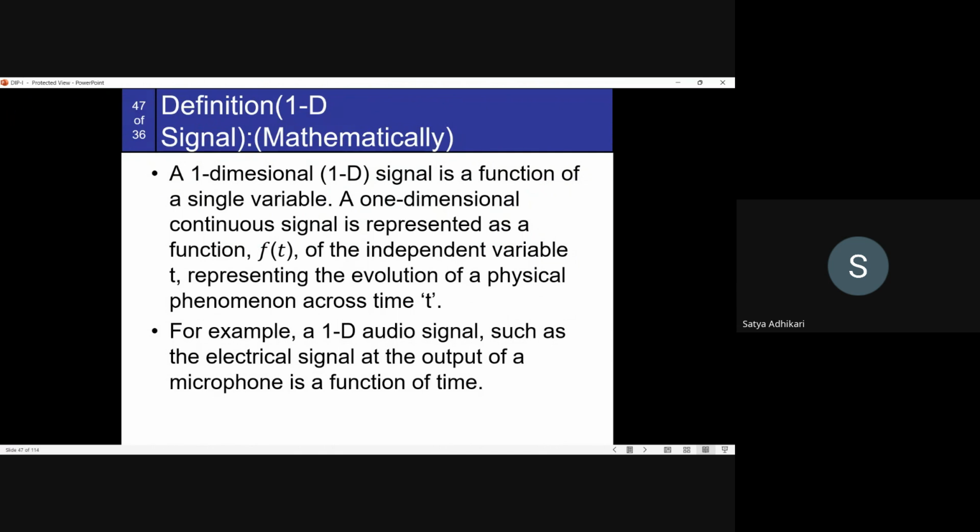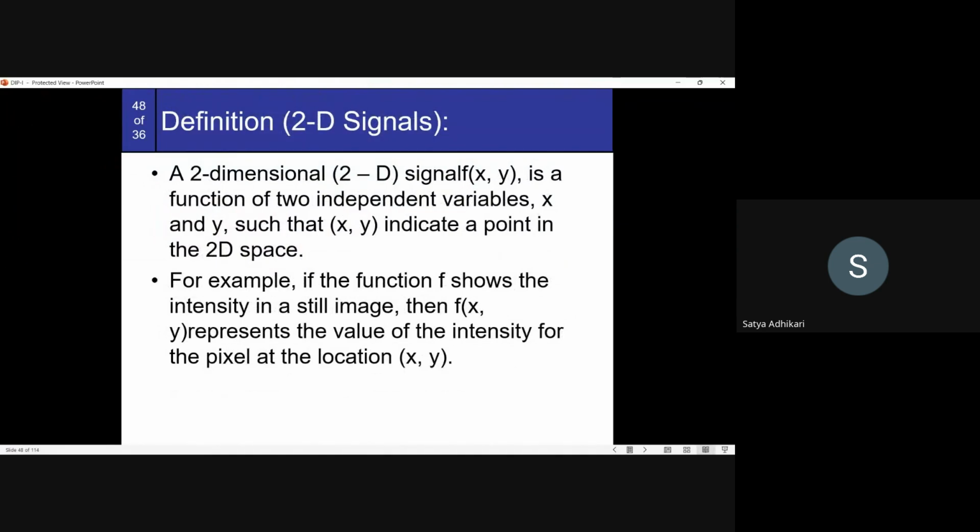A one-dimensional audio signal, such as the electrical signal at the output of a microphone, is a function of time.